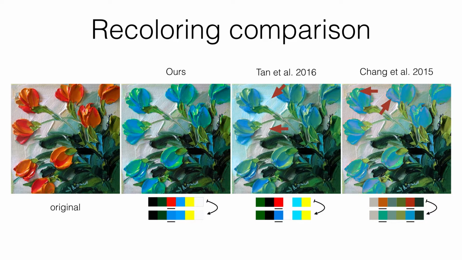To be a fair comparison, each method extracts its own palette from the input image, so we attempt to mimic all the results as closely as possible. Tan 2016 suffers from lack of sparsity, while Chang 2015 has local color artifacts, as pointed out by red arrows in the images.